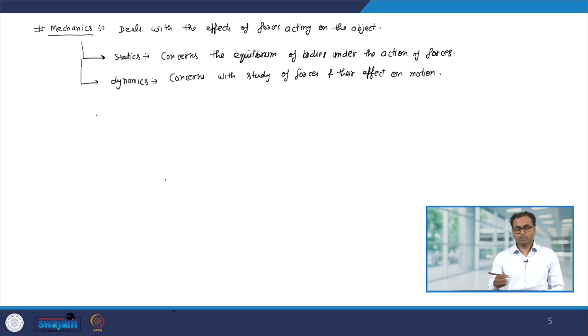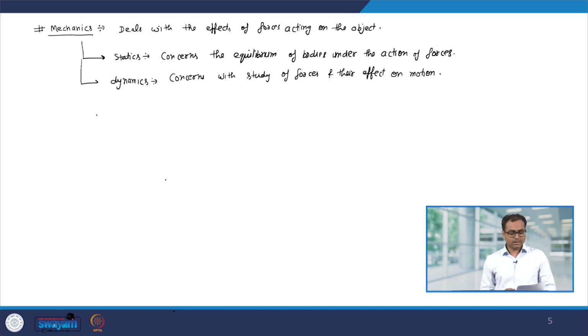Well, in both the topics you will see that the forces are acting, but in one case the forces are such that the body is in static equilibrium. In the second case, the forces are not balanced, therefore, the body is in motion.